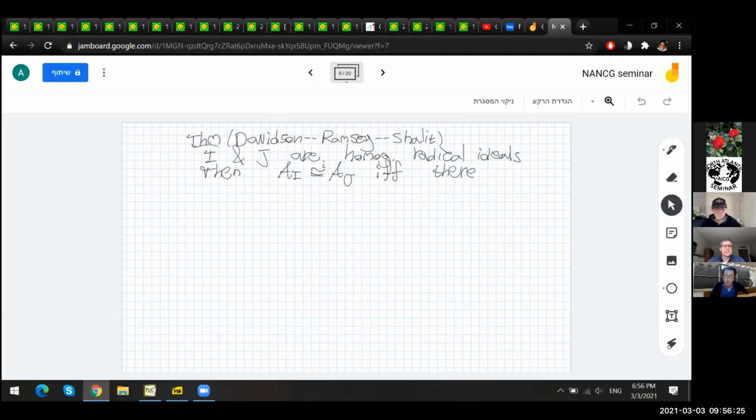Then the non-self-adjoint algebras are isometrically isomorphic if and only if there's a unitary U from C^d to C^d that maps one variety to the other. And the point is that you can get some information about these analytic varieties by looking at the operator algebras.